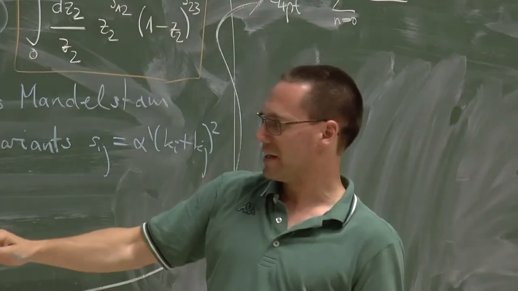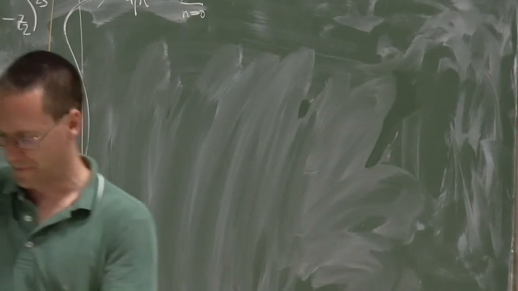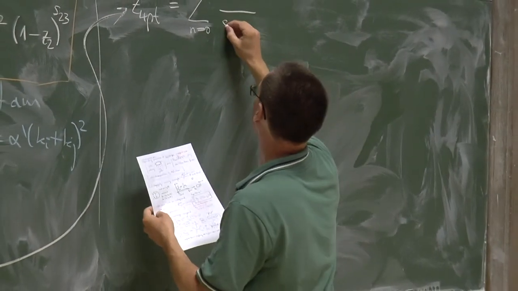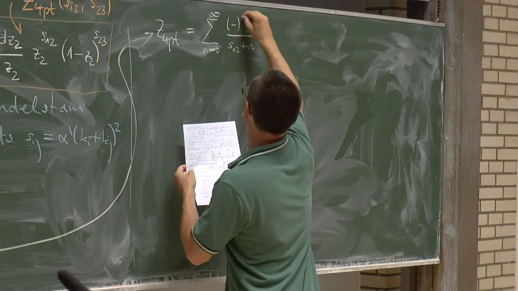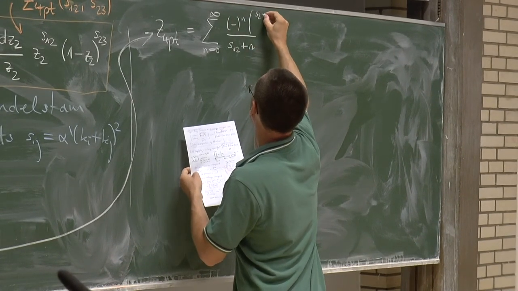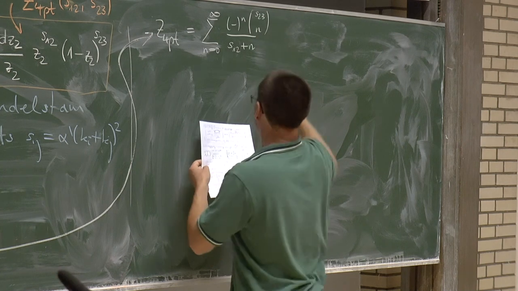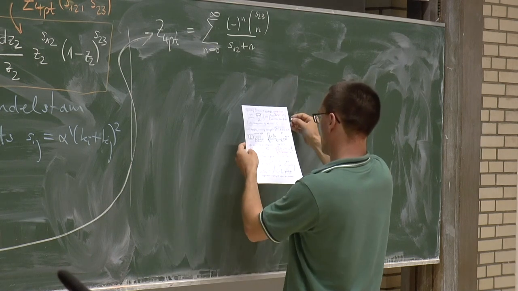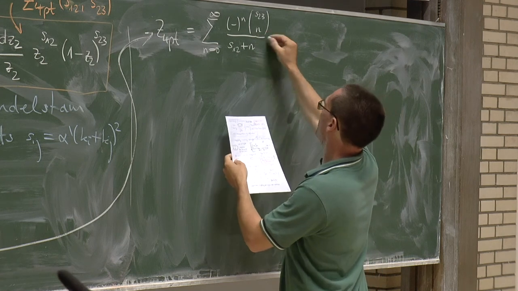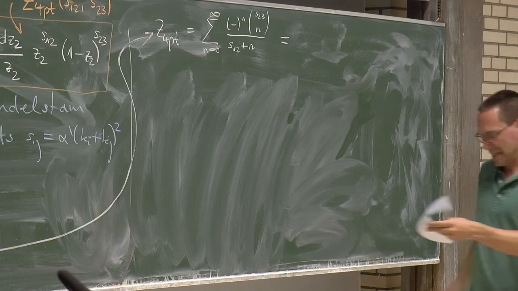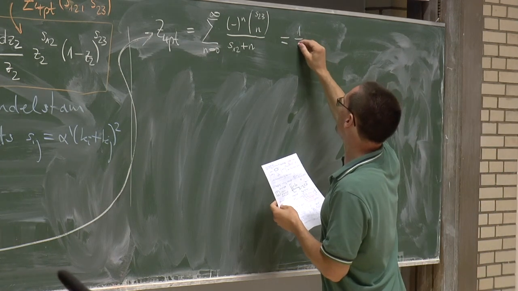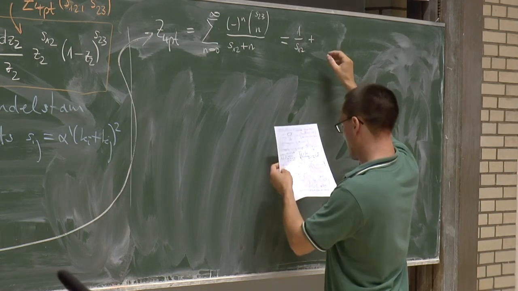The primitive just amounts to pulling down the exponent in this way. And the rest is, well, you get what you get, some binomial coefficient involving the other Mandelstam variable. And that's already it. And now to dig out some physics from there, let's just look at the leading terms in the sum over n.